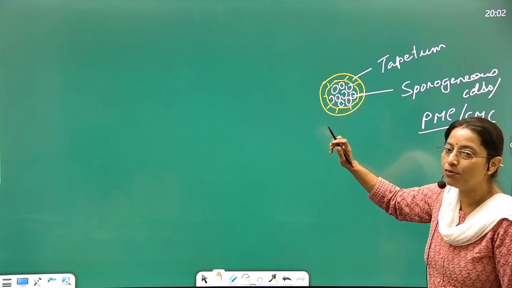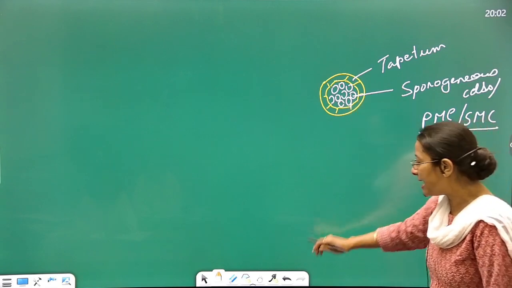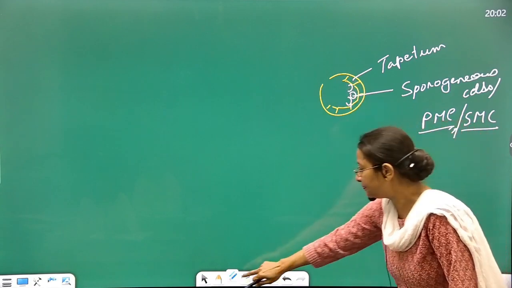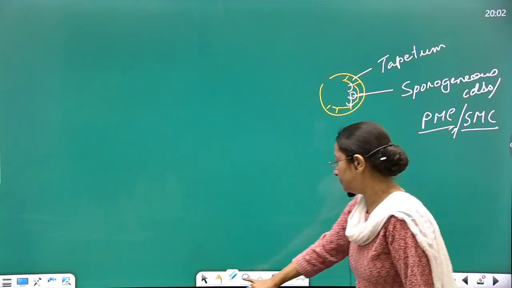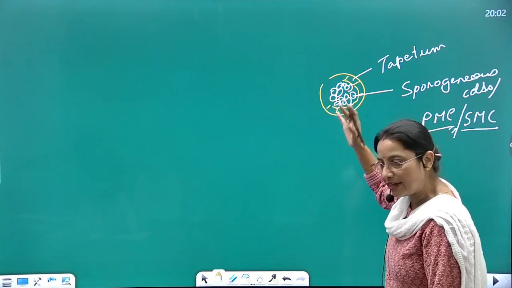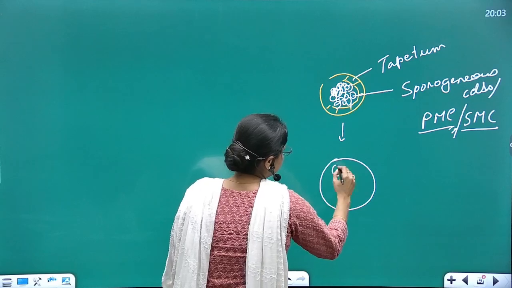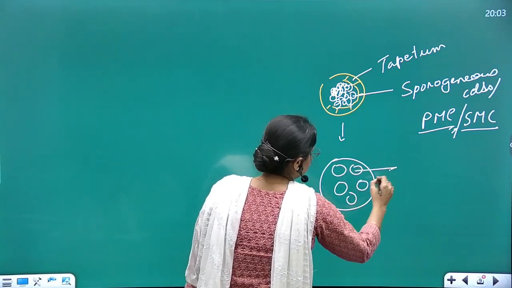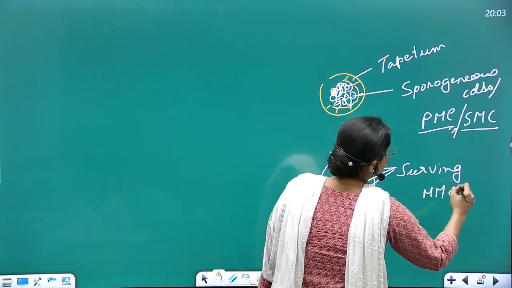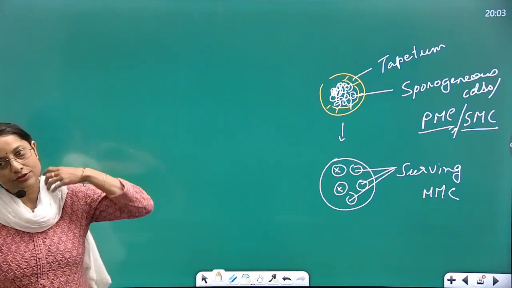Will only one cell form pollen grains, or do all the cells have the capacity? All the cells have the capacity, but we will see that out of all the cells that are present, some of the cells will die. Who has the capacity? All of them. But not all of them will form pollen. Some cells will die. Is the point clear? We have not written the process yet; we will write the process in the next class.